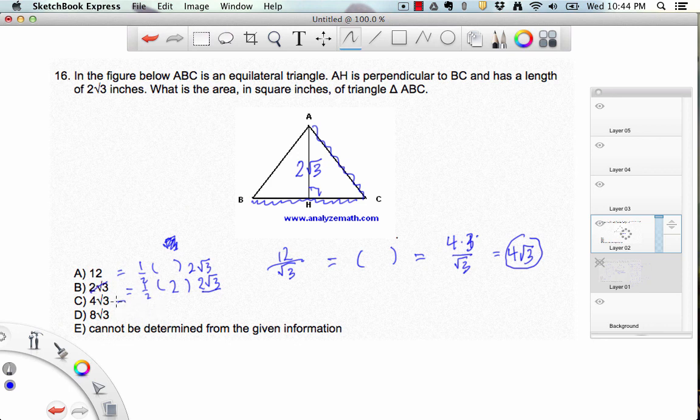4√3, that's the one that on the other one we found out we thought might be the answer. So if we think about that, that's half of something times 2√3. Well, this is 2 times the 2√3, so this would have to be 4. So 2 times √3, if you check it on your calculator, is around 3.4.